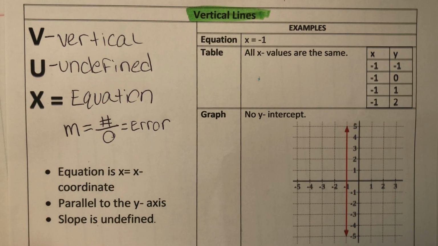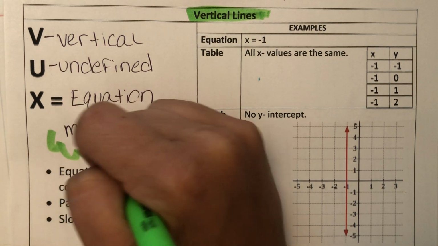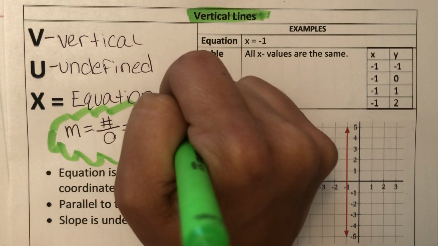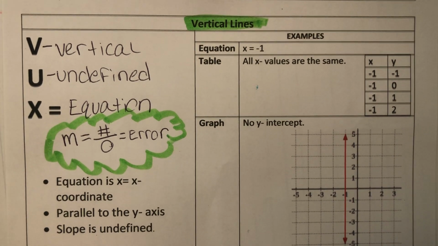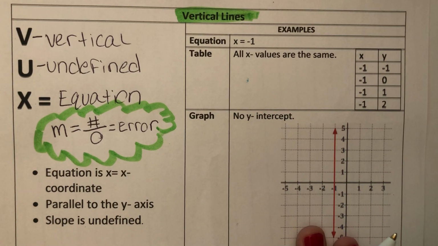And error means that the slope is undefined. And when the slope is undefined, it is a vertical line. If we remember Slope Dude when he falls off the mountain. Undefined.